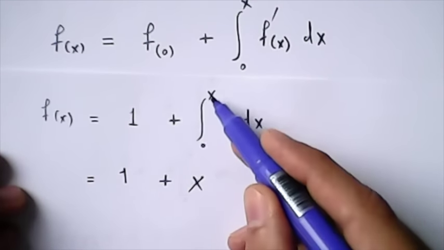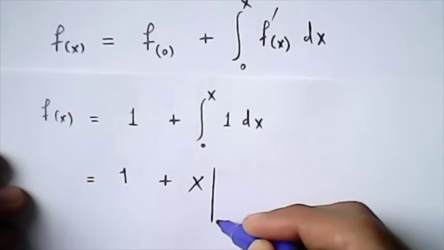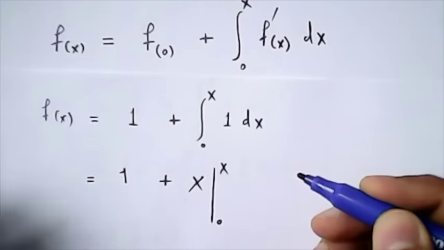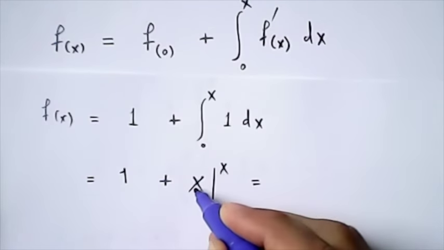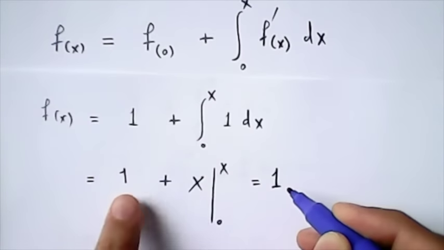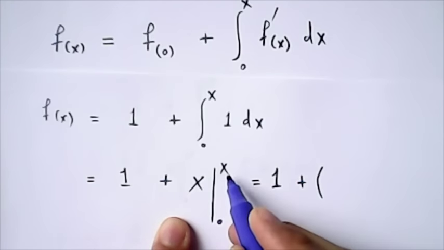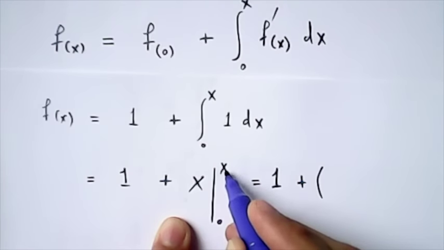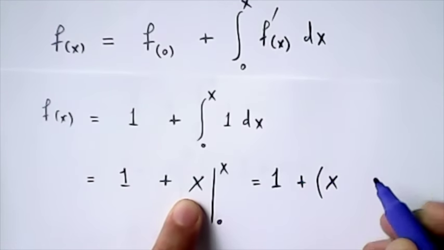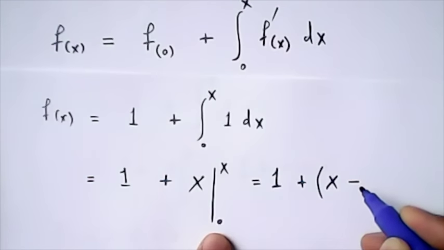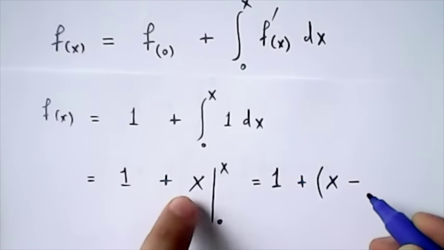And we should put the bounds here too. So the value of the integral from 0 to x. Okay. And hopefully you already know how to insert this bound into here. We have, let me write out this 1 here, plus you would first put the upper bound in here, insert the upper bound, so we have x, and then subtract the value of the lower bound when it was inserted.